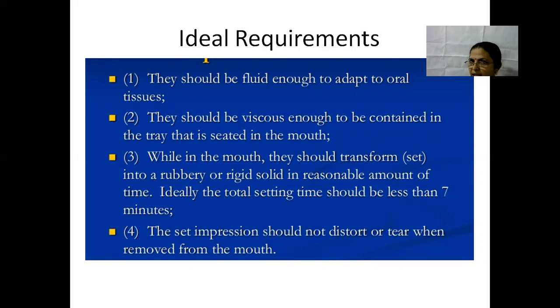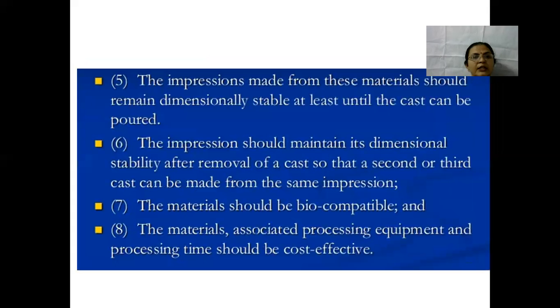It should be viscous enough to be contained in the tray, and while in the mouth, it should transform to a rubbery or rigid consistency for a reasonable amount of time. The impression should not distort or tear when removed from the mouth.